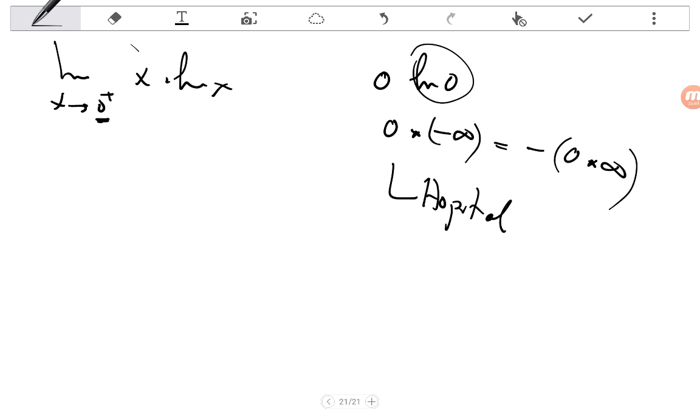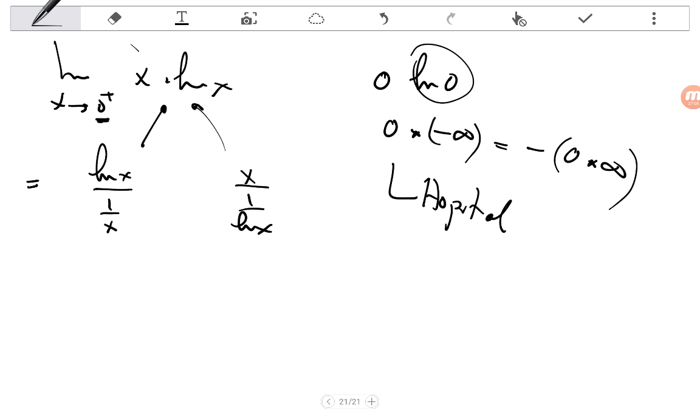I may take one of them to make it a denominator. I may write it as ln x over 1 over x, or I may write it as x over 1 over ln x. These are two expressions which are equivalent to the same original expression. Which is more suitable for L'Hopital?